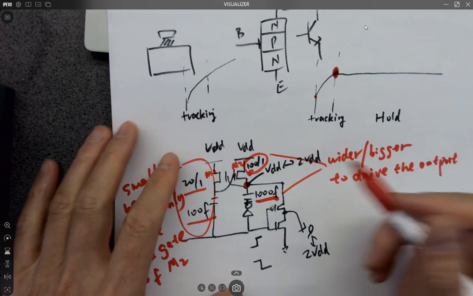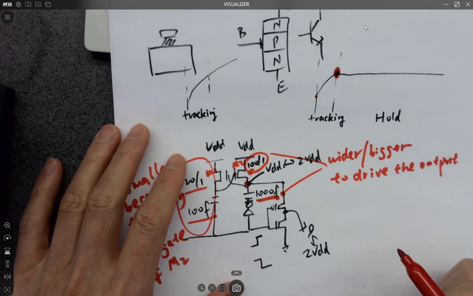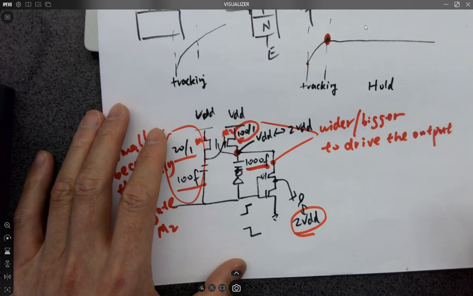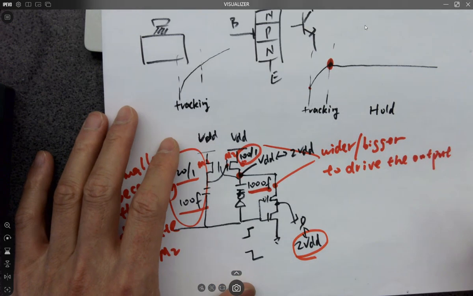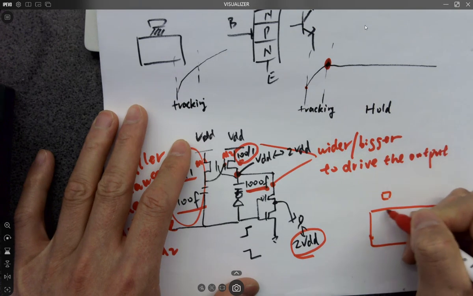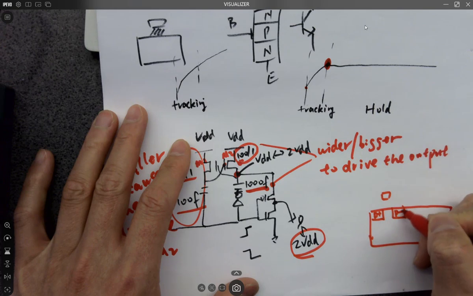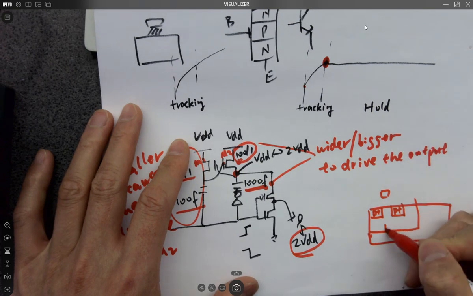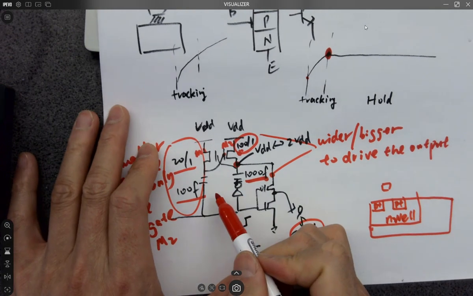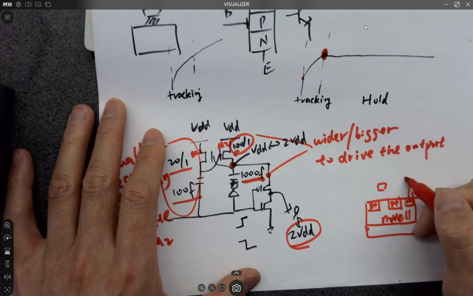And the third point over here is this guy, because the source of the PMOS can potentially go up to 2 VDD. That's a P plus. All the other PMOSes and wells are shorted to VDD.